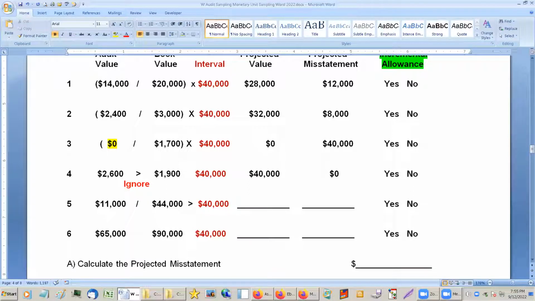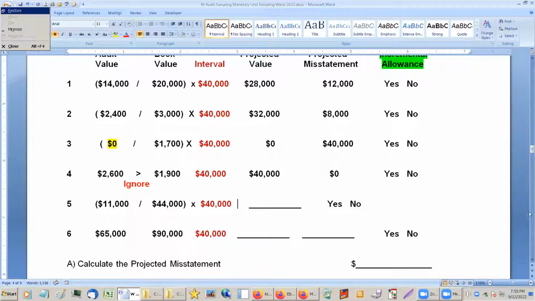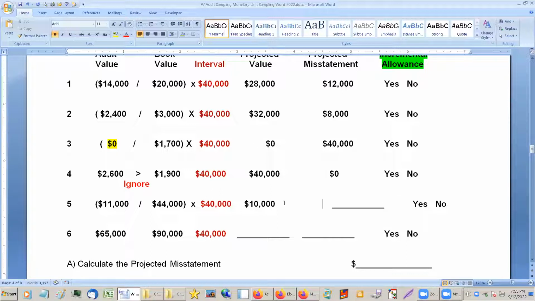If you were to take this and go, okay, let's do this. So what is that? 25%. So this would have been what, 10,000? So don't do this. This is wrong. I'm doing it the wrong way. And the misstatement would have been 33,000.